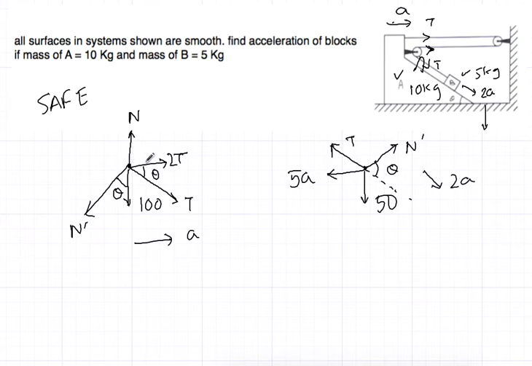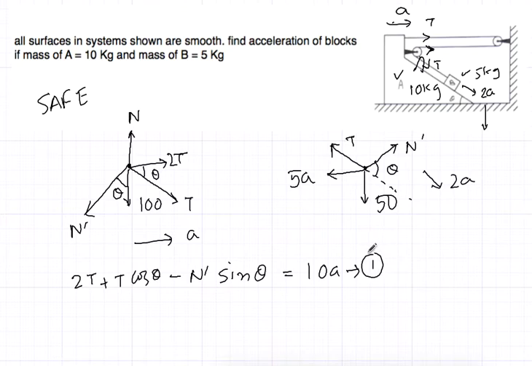Here this body is moving in this direction with an acceleration of 2a, so we can write 2T plus T cos theta, because this T will have a component in this direction, 2T cos theta, minus N dash sin theta, because this N dash will have a component in this direction, sin theta, equal to 10a.